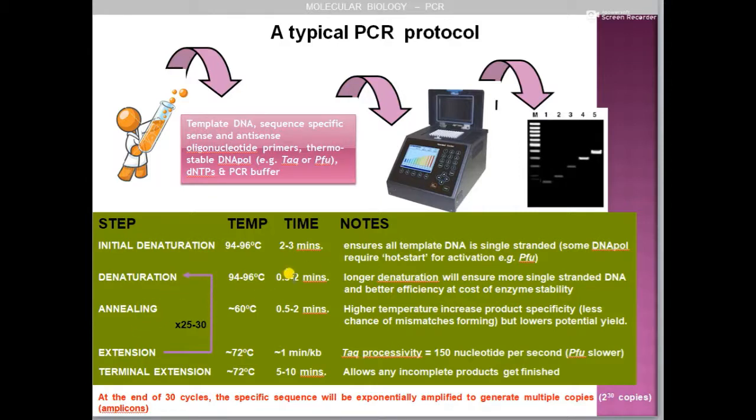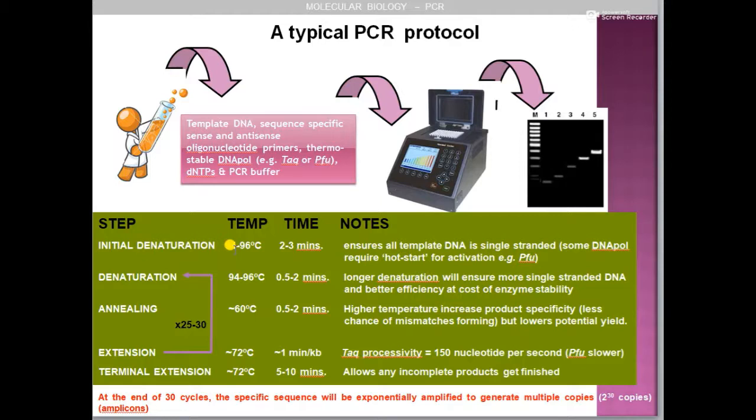Denaturation further will be carried out for about 0.5 to 2 minutes. Then annealing will be carried out at approximately 60 degrees centigrade, then 72 degrees centigrade for the extension. So in the initial denaturation, the entire template DNA becomes single stranded.